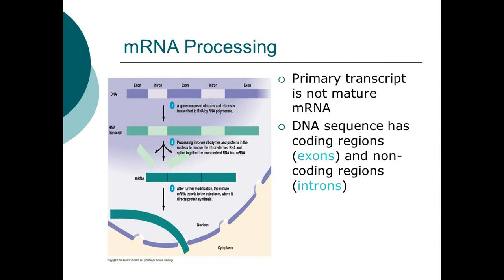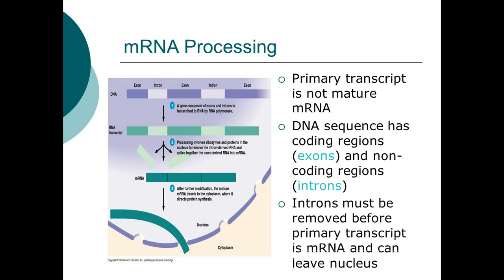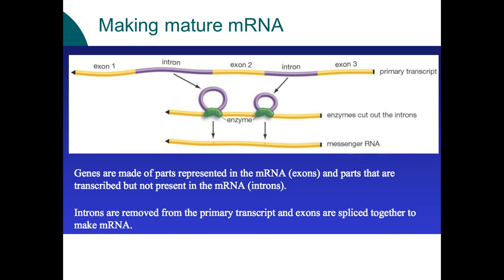So in order for the mRNA to be considered mature, it has to go through an extra processing step. Something has to remove the introns. These are the non-coding regions, the things that basically don't produce any amino acids. They have to be removed before the primary transcript is considered mRNA and can leave the nucleus.